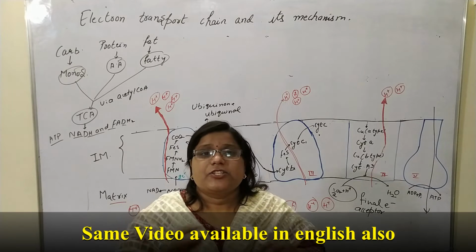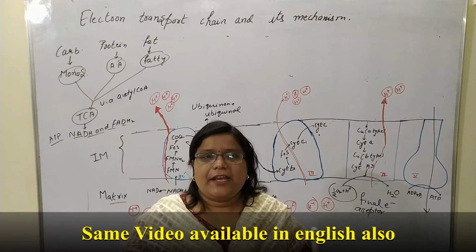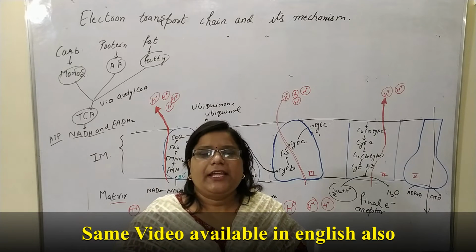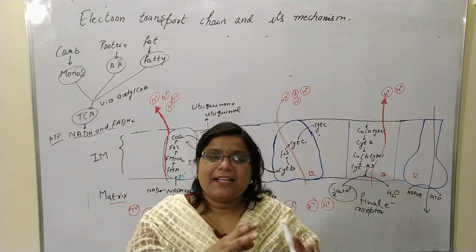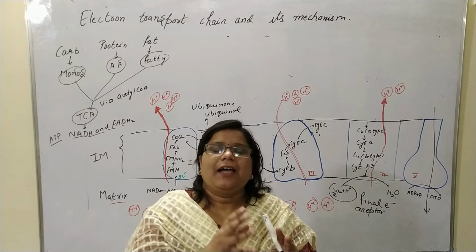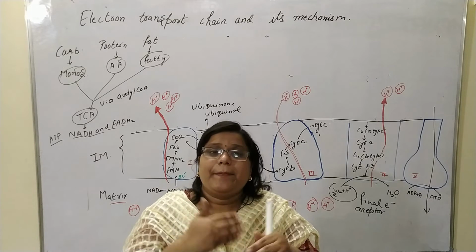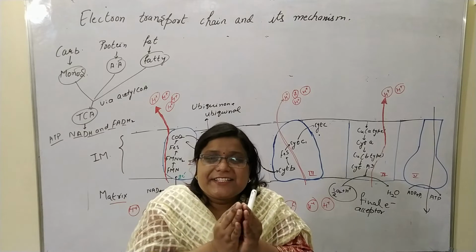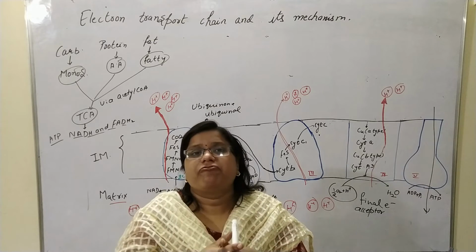But it's not the same for NADH and FADH2. They are not ready to make ATP. They are ATP packets, but the ATP packets are just wrapped into different forms.